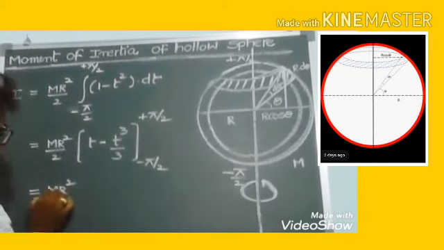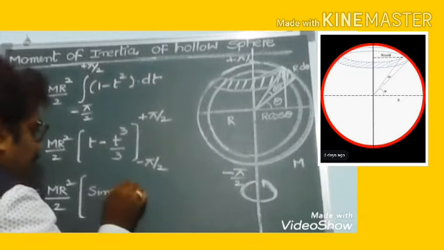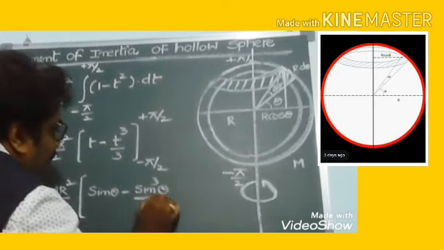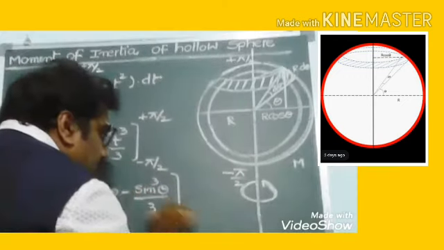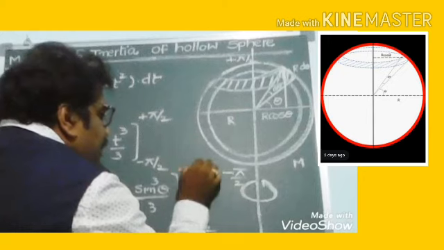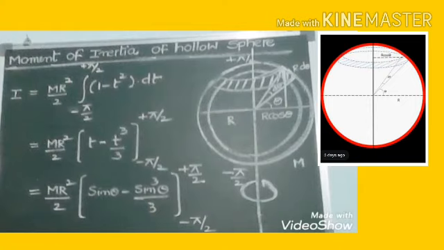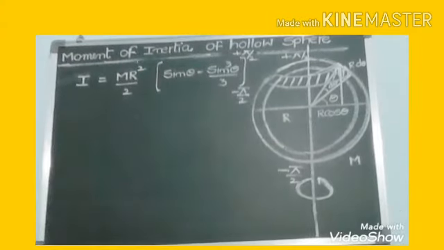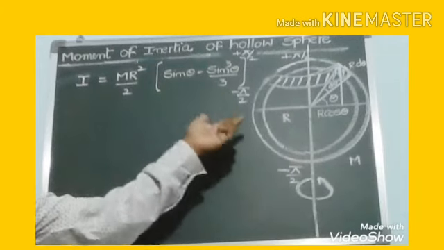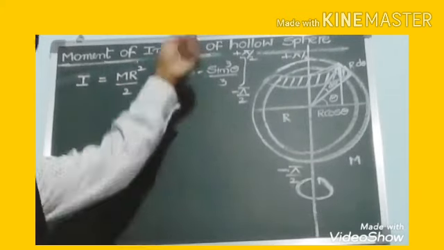So I equal to mr square by 2 into sin theta minus sin cube theta by 3, with the range minus pi by 2 to plus pi by 2.